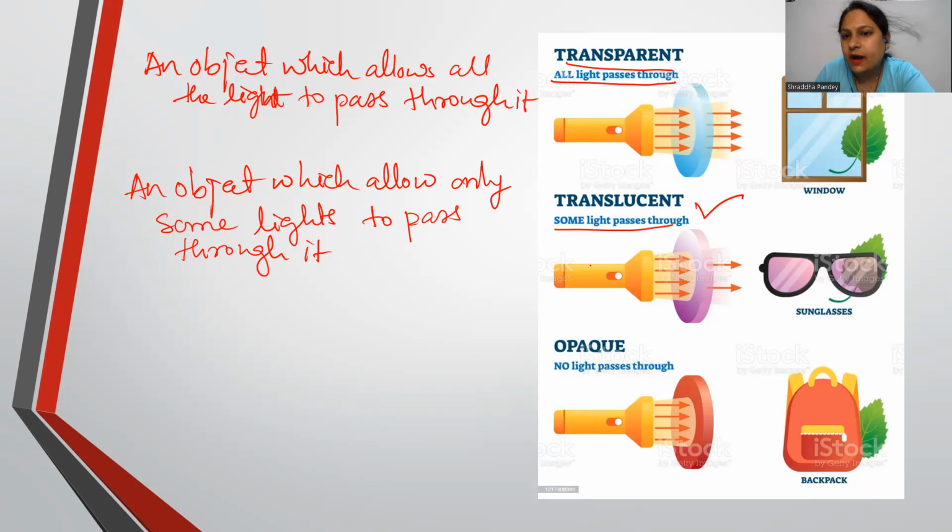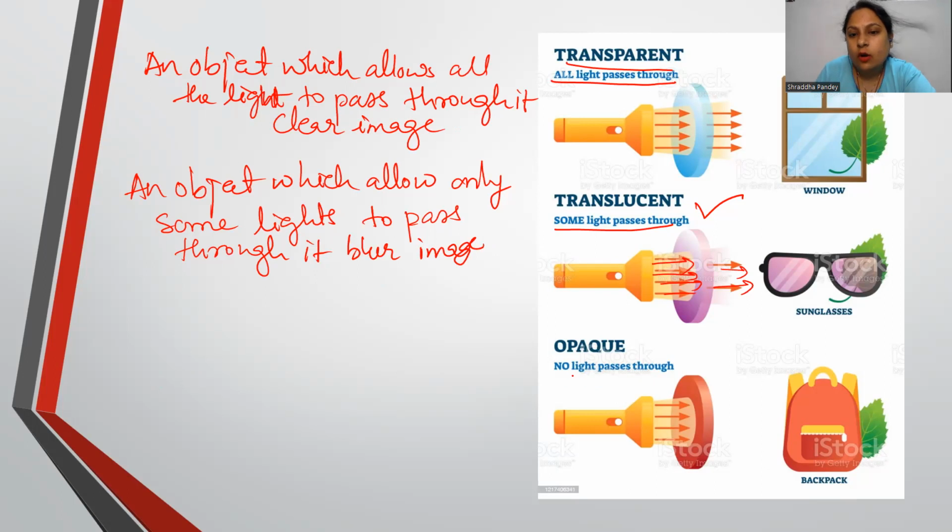See this, there are many rays coming from this torch, and only a few rays are transmitted through this material. For example, sunglasses. That's why we cannot see a clear image. In transparent objects we can see a clear image, but here we see a blurred image. We can see the image, but it is not clear.